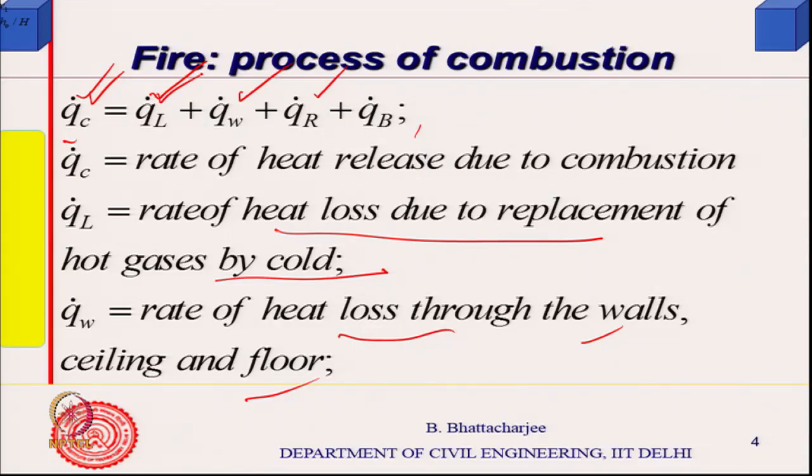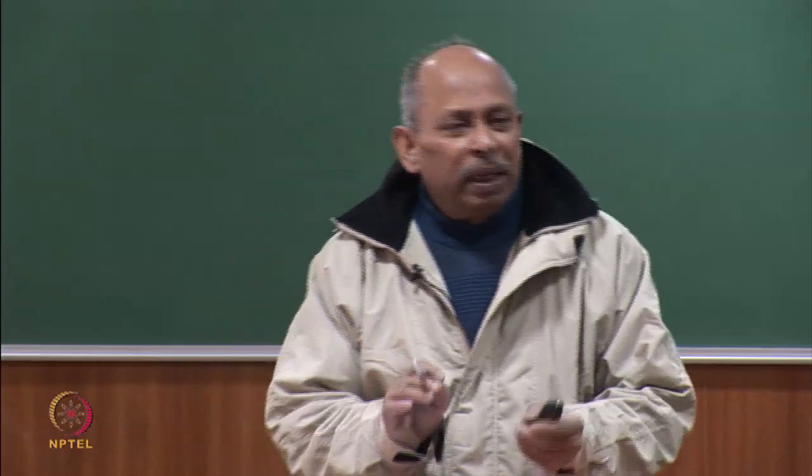This I can find out, I can get an expression for this in terms of the inside gas temperature. This also I can find expression in terms of inside gas temperature. This also will involve inside gas temperature. We shall see these expressions. Some of you have not done possibly any course related to heat transfer.